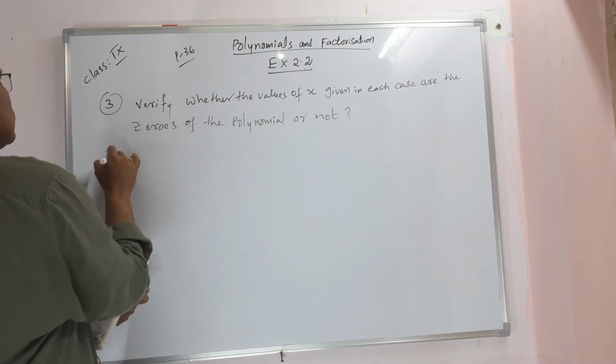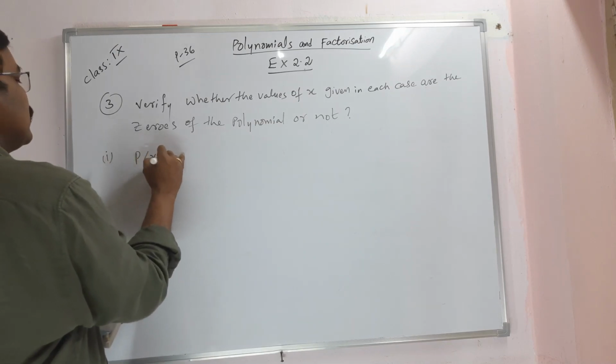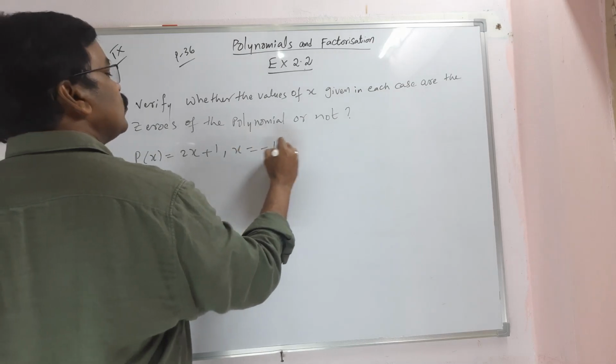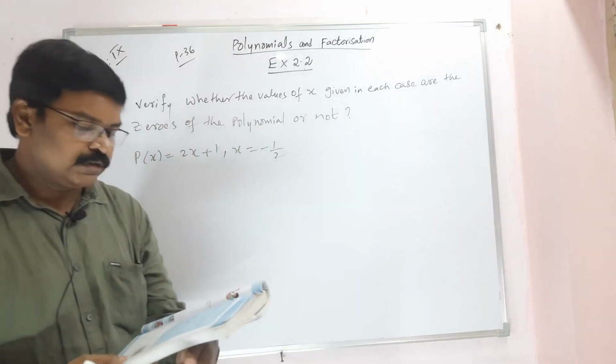The first one is p of x is equal to 2x plus 1 at x is equal to minus 1 by 2. This is the question.